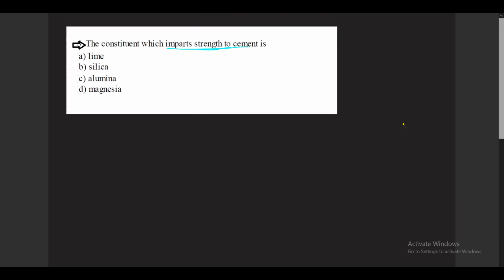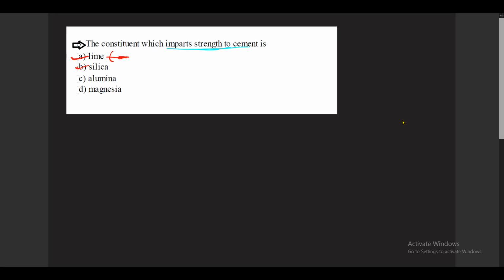They are asking which imparts strength: lime, silica, alumina and magnesia, four options are given. The correct option here is lime, the important part that imparts strength to the cement. Obviously silica also imparts strength, but the most appropriate answer is lime, as most of the strength is contributed by lime.